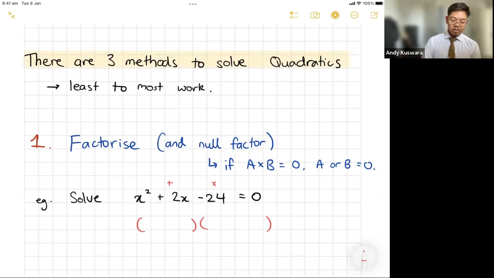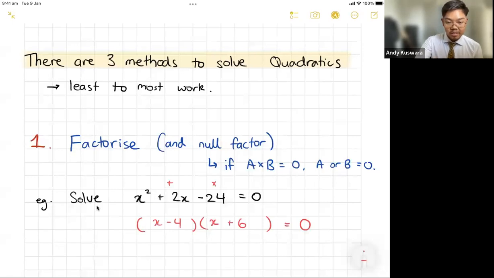If you need to, go back and watch my other factorizing video. But this one will be x plus 6 and x minus 4, because -4 plus 6 gives me +2, or 6 minus 4 is +2, same thing, equals 0.